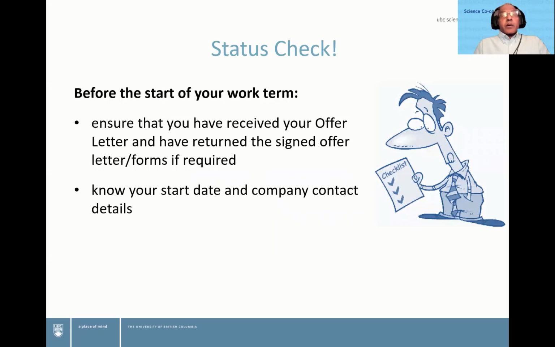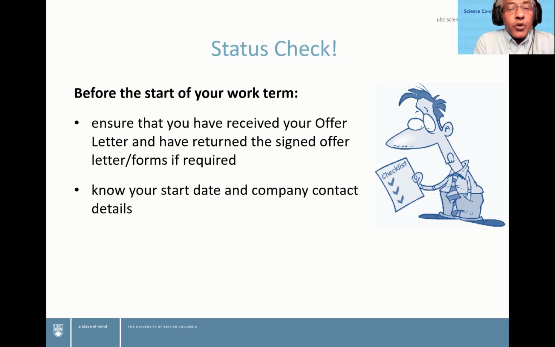Now, before the start of your work term, you must ensure that you have received your offer letter and you have returned the signed offer letter, and any forms that were attached to that email, have been returned to the employer.